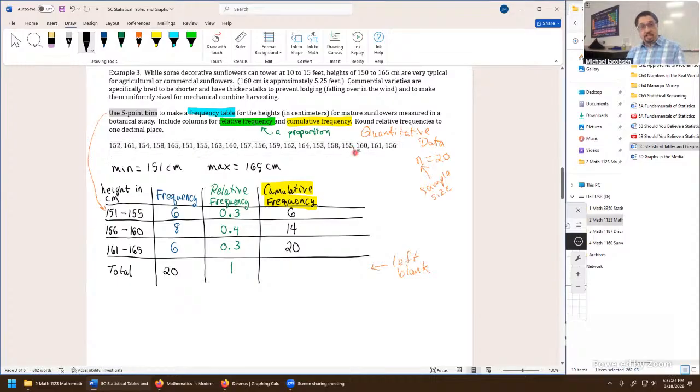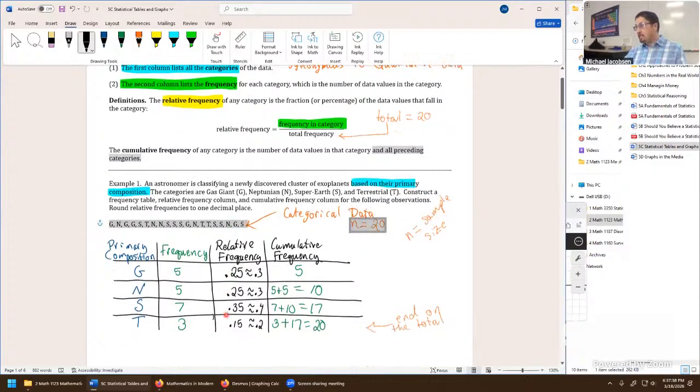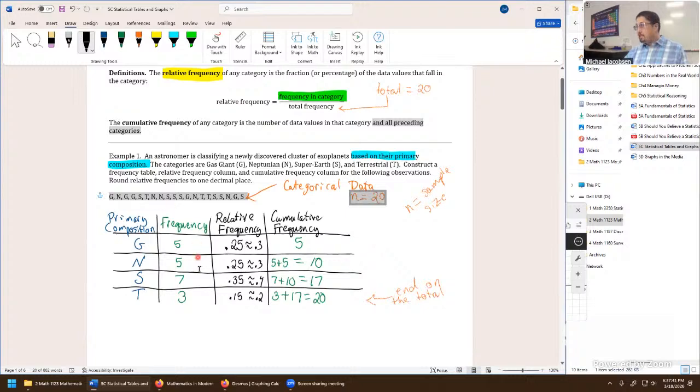We have to understand the data better, and looking at a cloud of numbers is kind of dizzying. And if it's qualitative, looking at a cloud of categories is not too informative. The very first step to taking raw data like this is to put it in a table. This is telling us the distribution of that categorical data, or qualitative data is the way we'll typically say it.